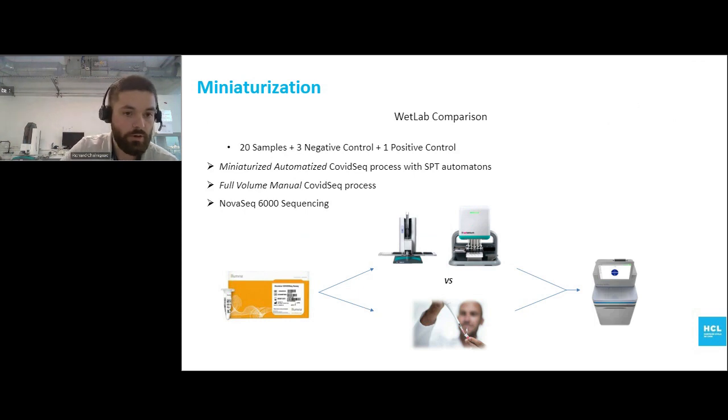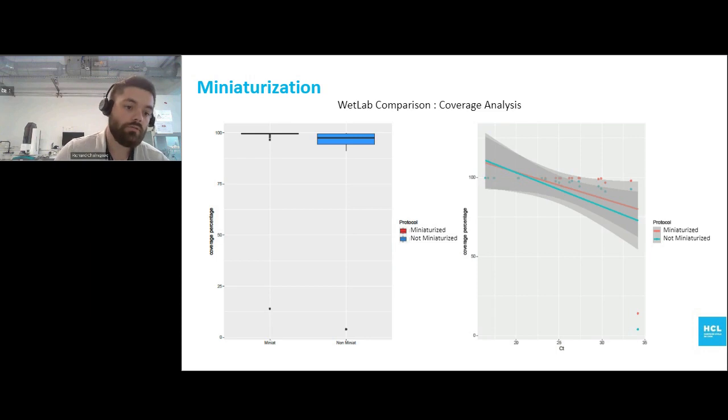The experiment consisted of 20 samples plus 3 negative controls plus 1 positive control, resembling the experiment that we do every day, just with fewer samples. Two conditions were applied: the miniaturized automatized COVID-seq process with the HSPT automatons and the full-volume manual COVID-seq process. Both libraries were sequenced on the NovaSeq, and the results that we obtained are the following. First, let's start with the coverage percentage.